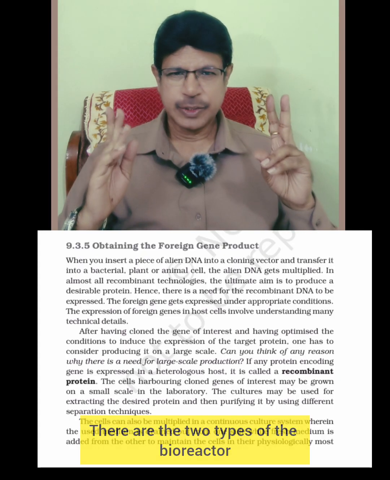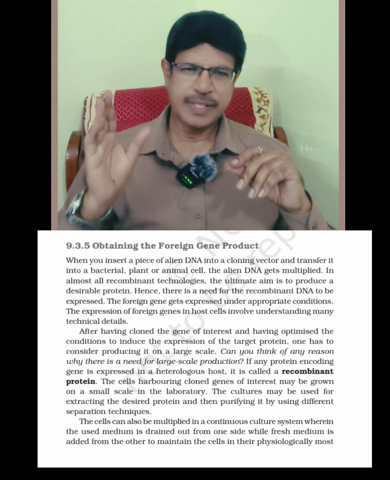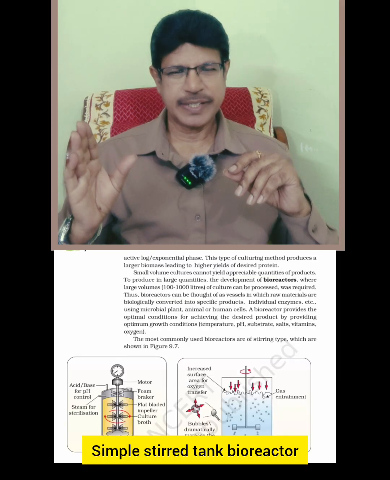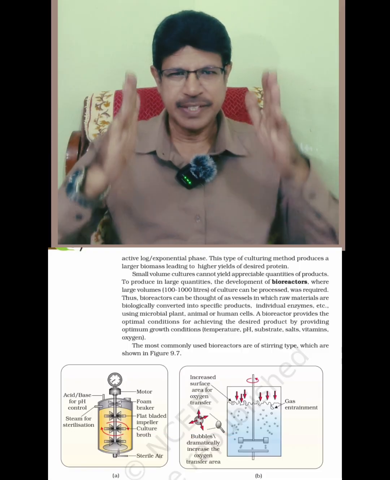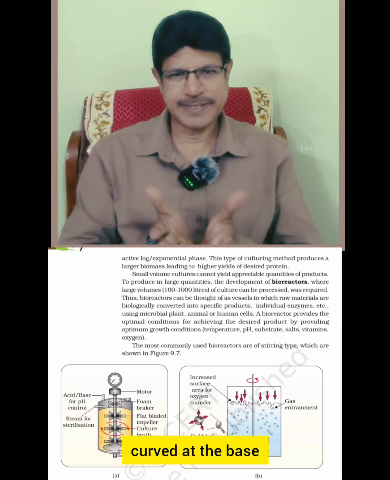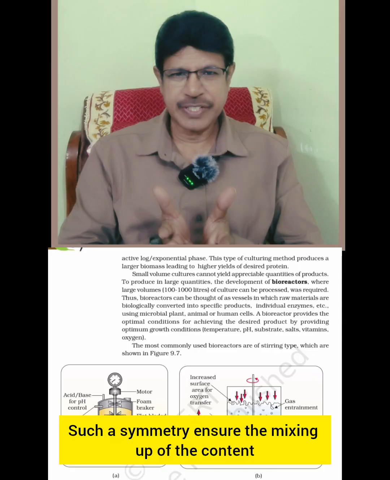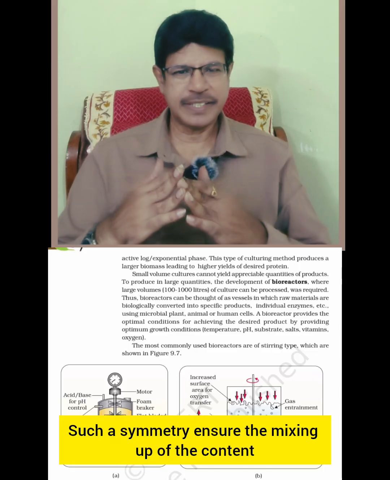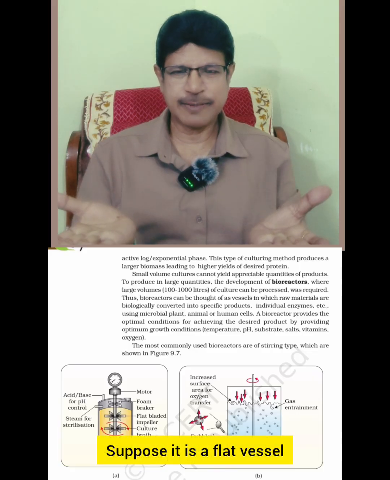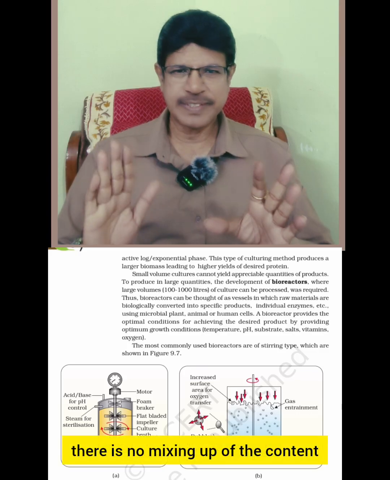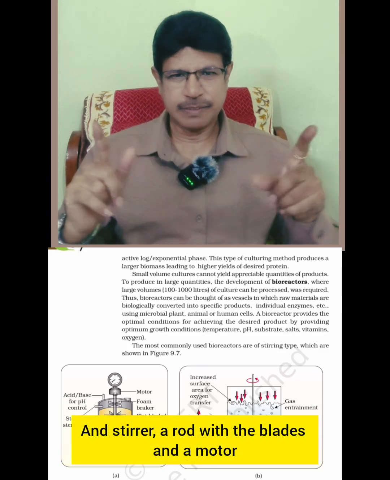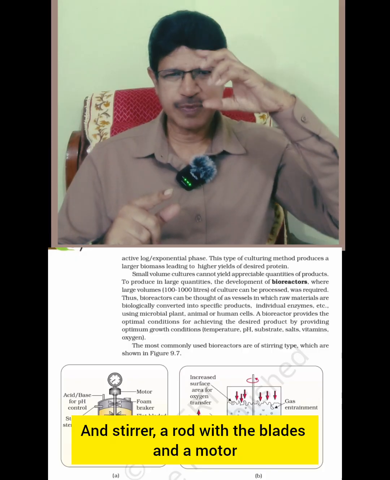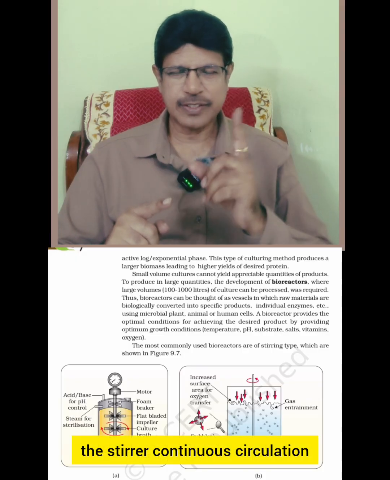Next, there are two types of bioreactor: simple stirred tank bioreactor and sparged stirred tank bioreactor. The simple stirred tank bioreactor is cylindrical, curved at the base. Such a symmetry ensures the mixing of the contents. Suppose it is a flat vessel, there is no mixing of the contents. And the stirrer, a rod with blades and a motor, gives continuous circulation.